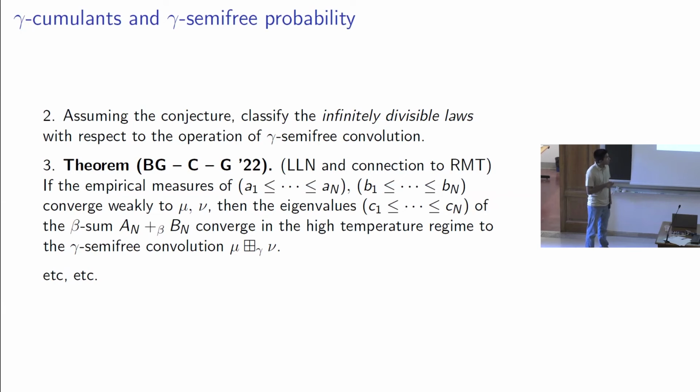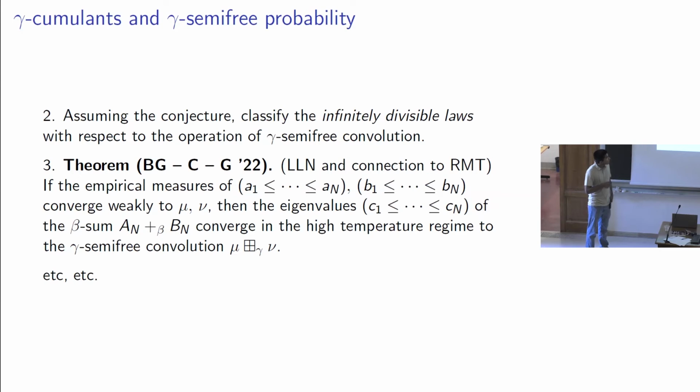So take a sequence of n-tuples a_i's and another sequence of n-tuples b_i's. Then take a random matrix A, which has these fixed eigenvalues, and take another random matrix B, which has these fixed eigenvalues. I'm calling them A_N and B_N here, matrices with fixed eigenvalues but random eigenvectors.